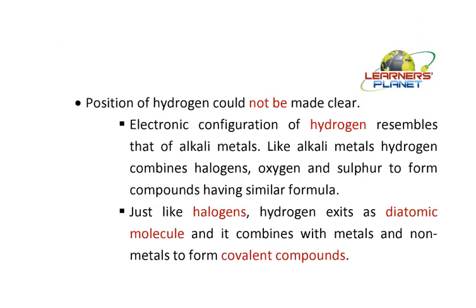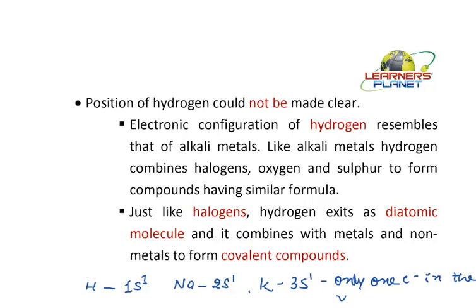I'll elaborate this. So what is the electronic configuration of hydrogen? It is 1s1. And the electronic configuration of sodium is 2s1. The electronic configuration of potassium is 3s1. That is, these have only one electron in the valence shell.